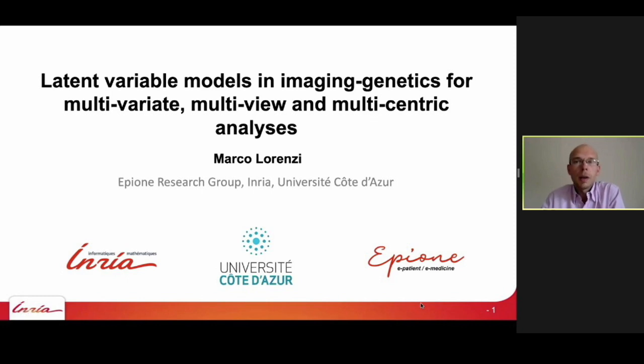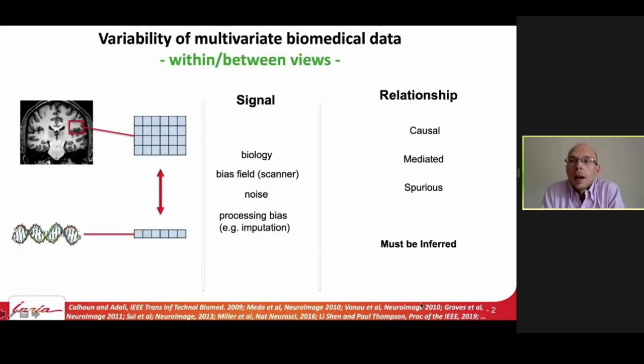From an analytical perspective, analyzing heterogeneity means modeling the variability that we can observe in biomedical data, for example, imaging and genetics data. And for modeling this variability, we have to make assumptions about the nature of the signal that we measure concerning this large array of imaging and genetic information.